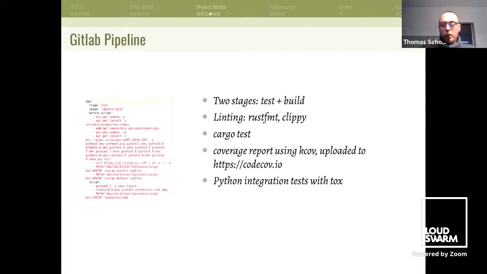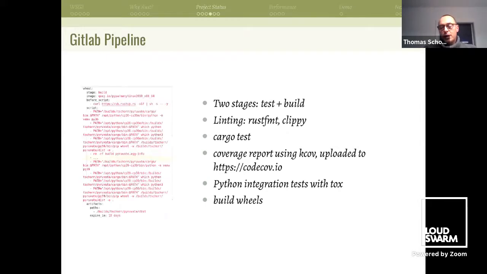Then it's running the Python integration tests with tox, as I said before, for all available Python versions. And finally, if all tests pass, then I'm building wheels, so binary packages.